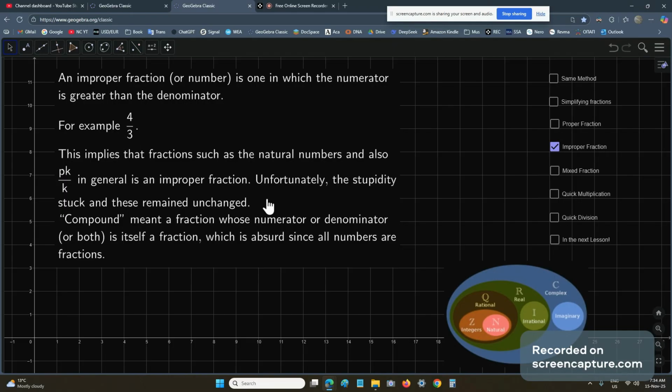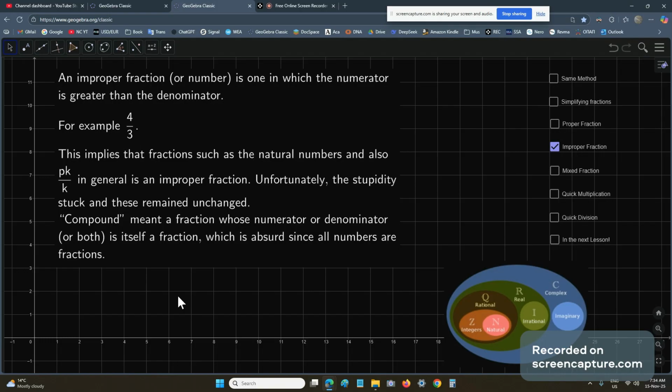Do you see how this stupidity stuck and these things remained unchanged? So what did compound mean? Compound meant a fraction whose numerator or denominator is a fraction. Well, that's nonsense because a fraction consists of numbers. The numerator and the denominator are themselves numbers, as I showed you in the third lesson of this series, how we get number.